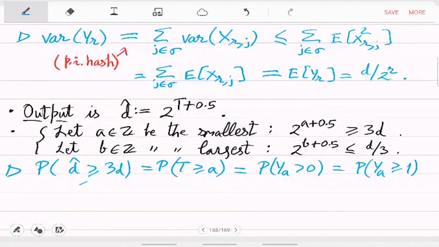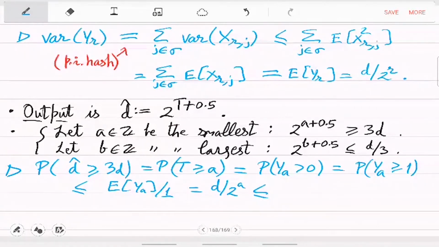There we use a concentration inequality. You can write this as bounded by the expectation of y a divided by 1, right, that is Markov inequality. So, the expectation, you understand, is d over 2 raised to a. Now, what is d over 2 raised to a?